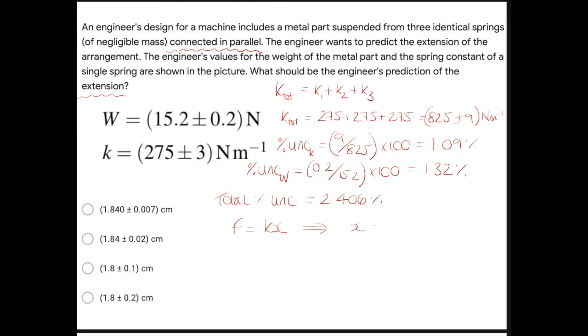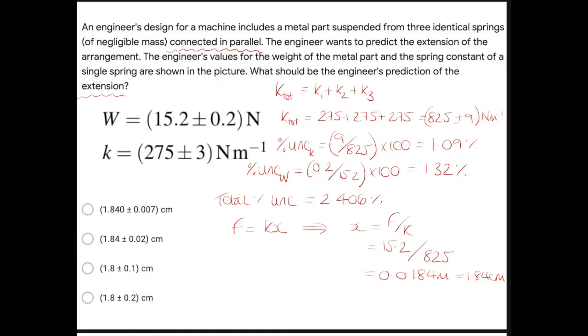Now we actually have to work out the extension. So we take our formula for Hooke's law, F equals Kx, and we rearrange that to give us x is F divided by K. And when we plug our values in there, we have our force of 15.2 newtons divided by our value for K that we worked out of 825, which gives us a final value of 0.0184 meters, which of course is 1.84 centimetres.